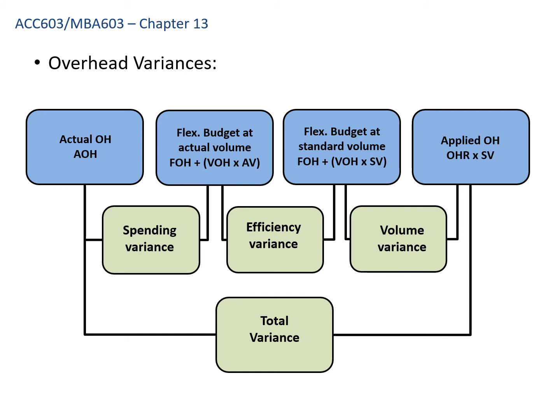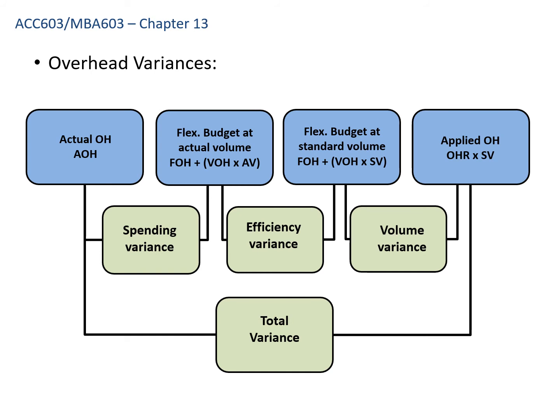It's still at the actual level of production of parts, but it's the standard volume for each part. That's going to tell us an efficiency variance, so how much of the variance is due to the comparison of our standard rate of overhead per unit versus the actual rate of overhead per unit.